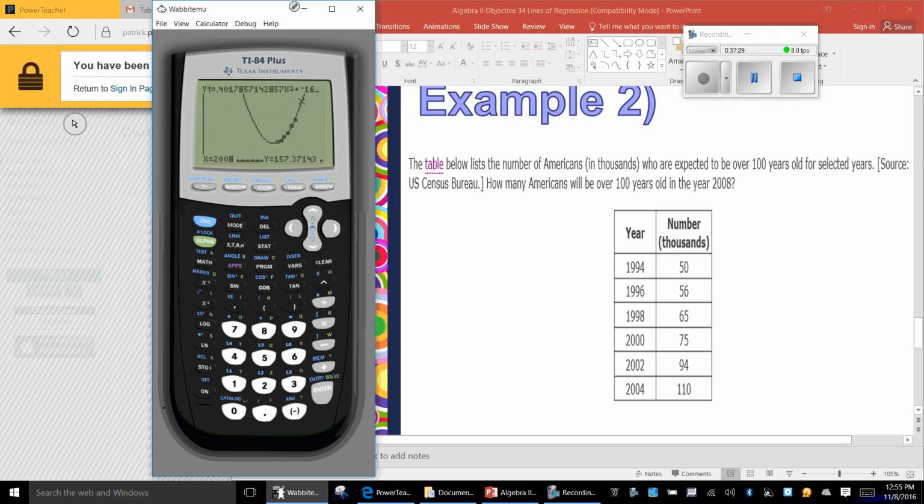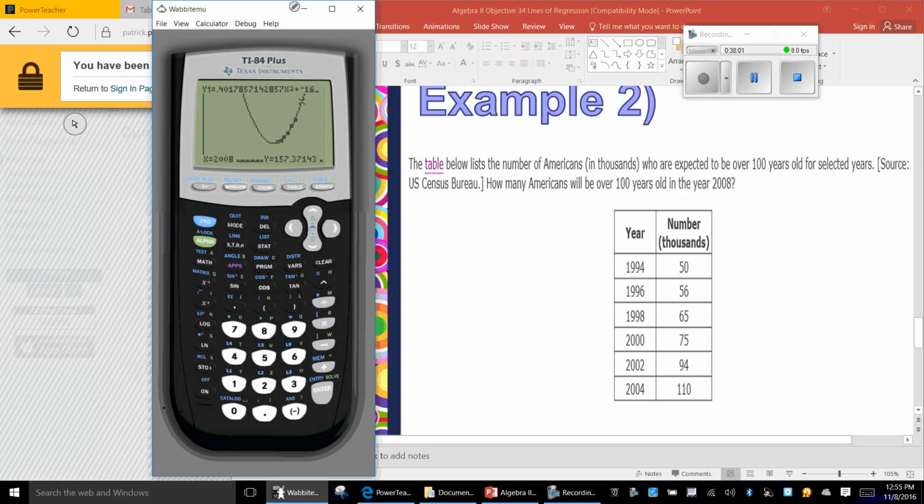Okay? Any questions about, when we write like the line, always say that again? Oh, you're talking about like the output. You can say about 157,000 people. Generally, if you're talking people, do you do fractions of people?